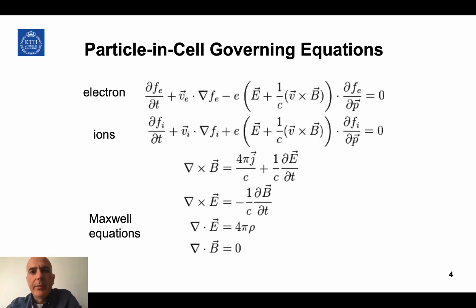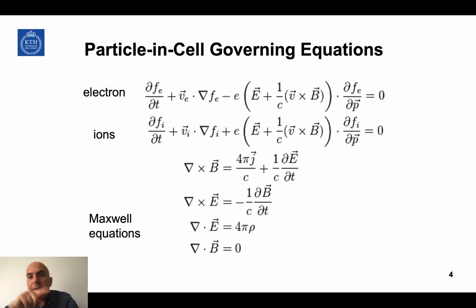So what is the distribution function? The distribution function is related to the probability of finding particles at a given velocity and position at a certain time, around dx and dv.